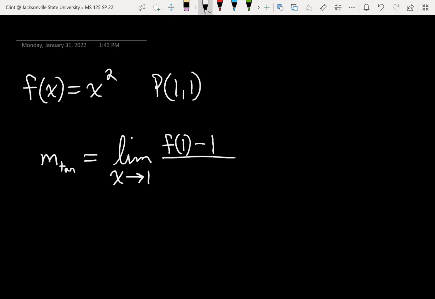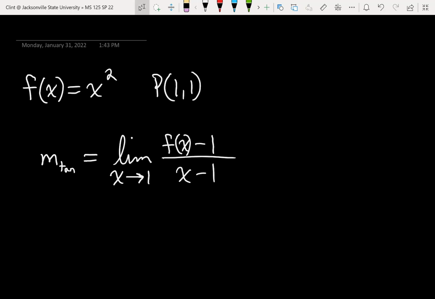minus the y value of our point. So on the bottom, well, actually, let me do it this way. We have f of x minus 1. Sorry. So we're taking the limit. That's where we're starting.